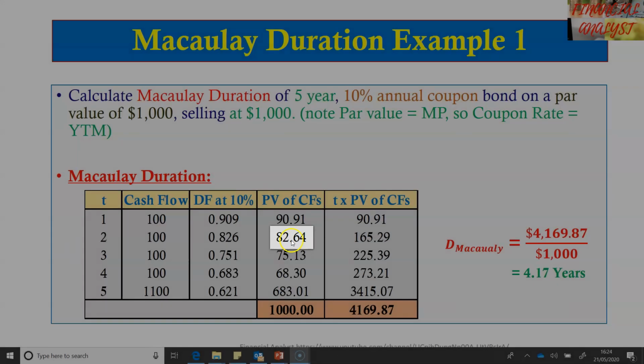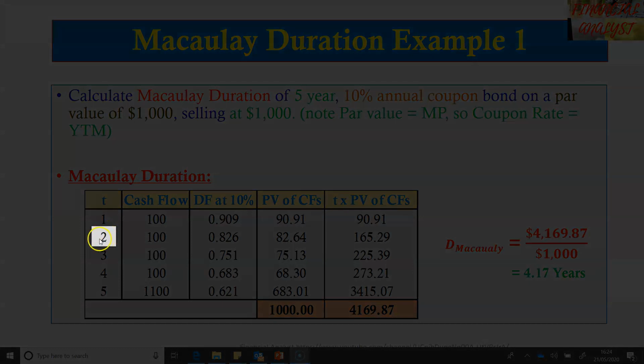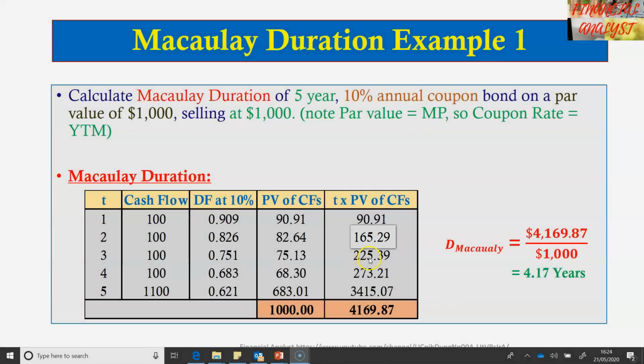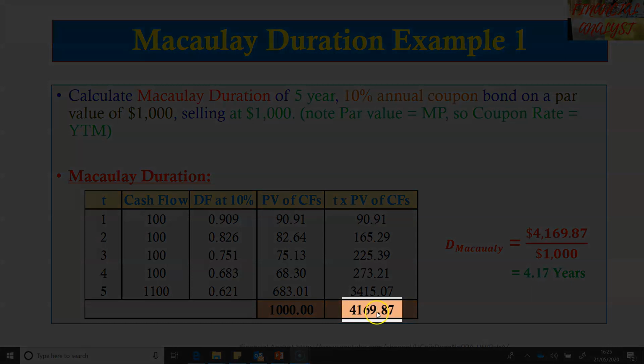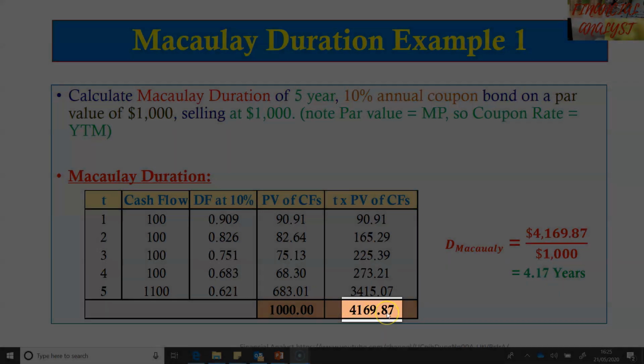If we multiply this by the year 2 number, we get the time weighted present value of cash flows, that is $165.29. We do the same till year 5 cash flow, and we get the time weighted cash flows here. We sum all these time weighted cash flows for each year and get 4,169.87.